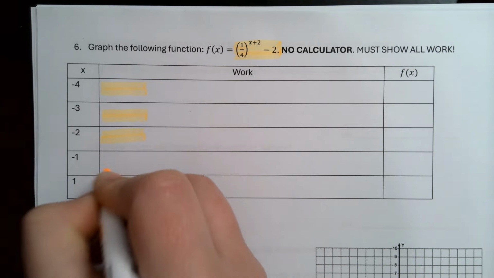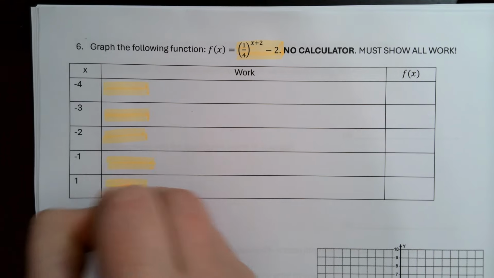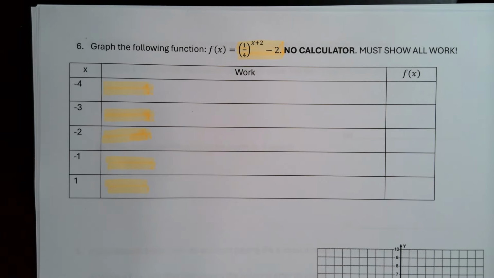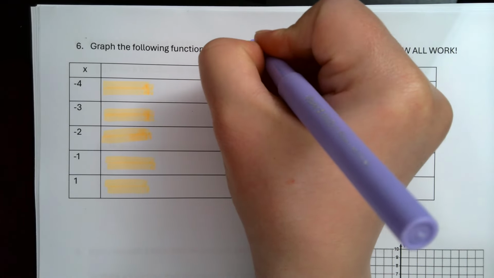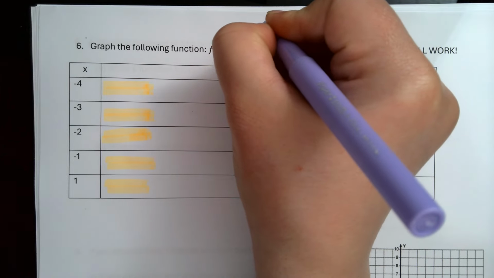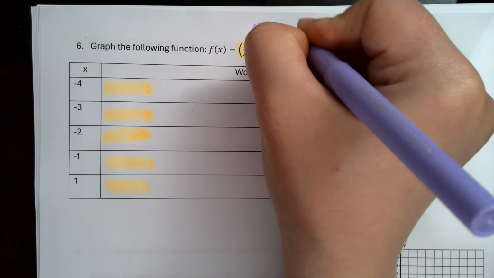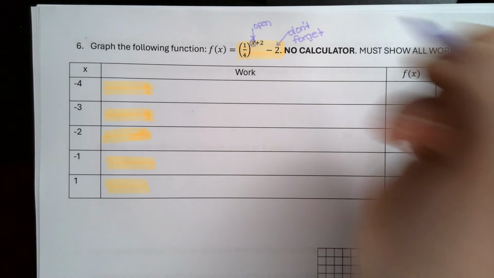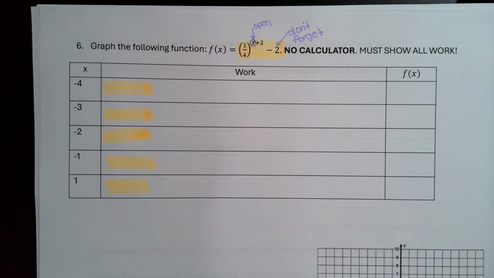And you're going to do 2 things at the same time. You're going to copy down the given function, and you're going to also open up for x. Again, don't forget about that minus 2, but also don't forget to open up for that x.